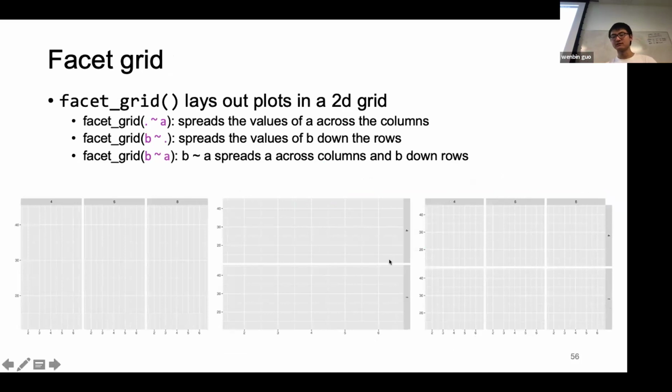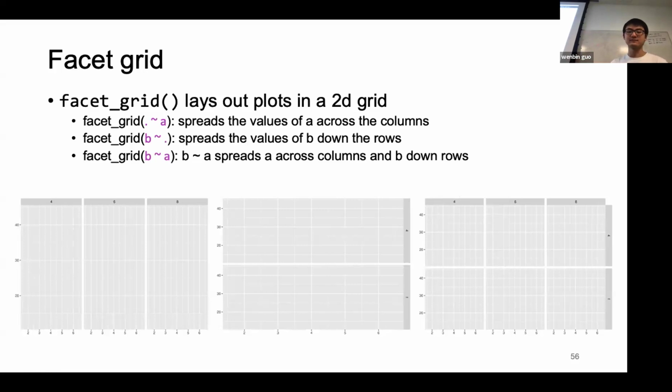For example, here in this part, it's all the data points that have one variable to be 4, and another variable which also has the value of 4. So basically, it's trying to split the data based on the grids, and within each panel, it will make this plot.